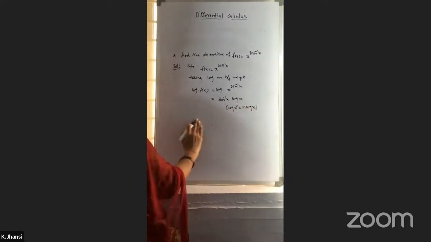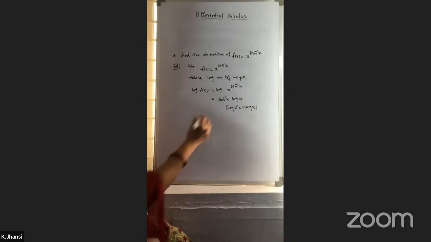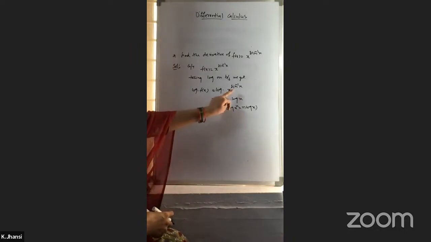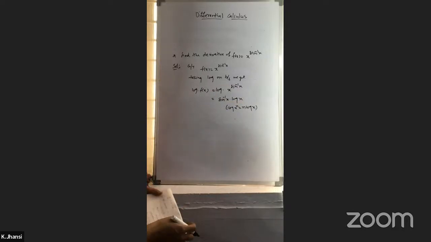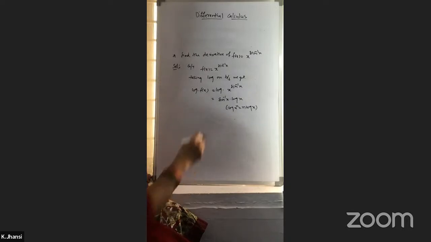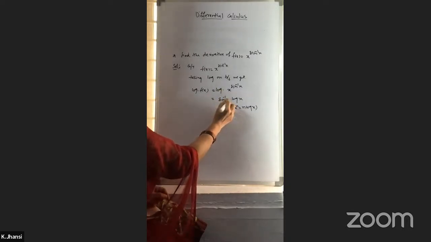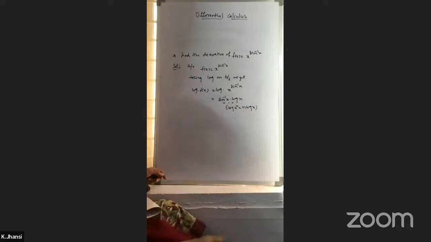That concept we are using here. Now we got sine inverse x into log x. Sine inverse x is one function, log x is another function. Now it is in the form of uv. So this you can take as u and this you can take as v.